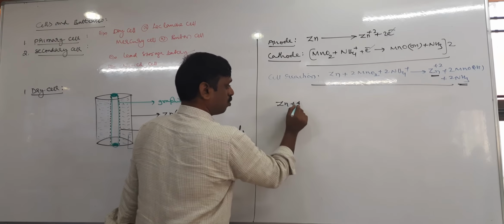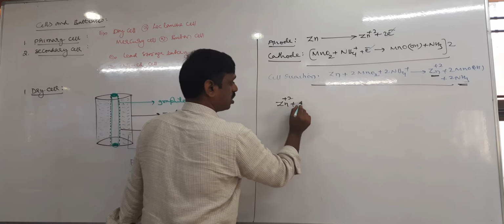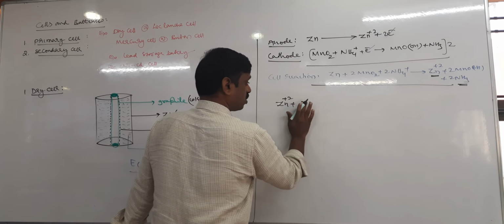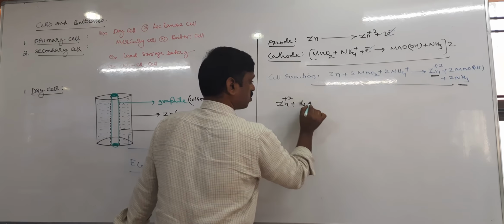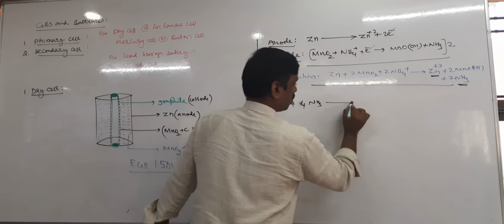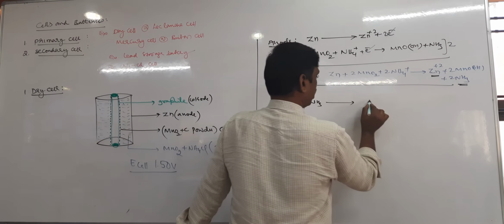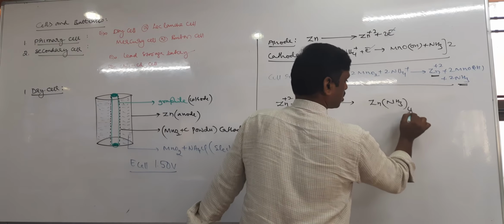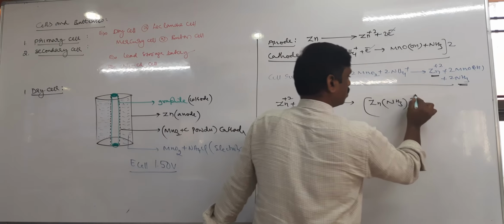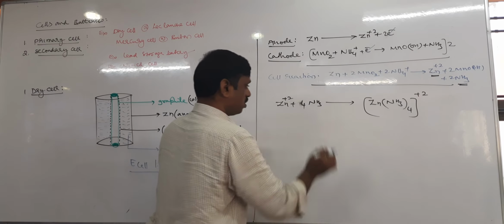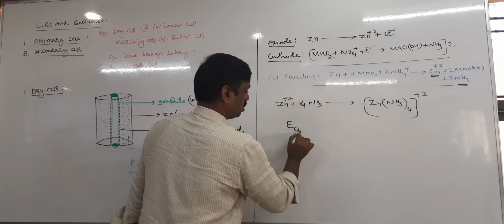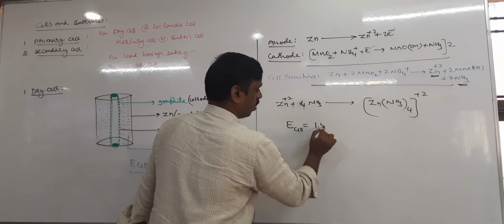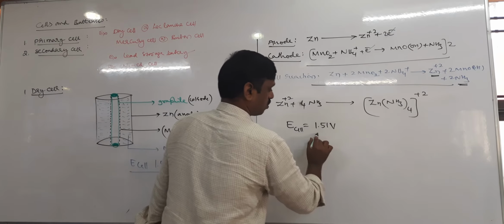We know that zinc 2 plus is more reactive towards ammonia, so it reacts with 4 ammonia and forms the complex zinc tetraammine, an ammonia complex compound, and this cell produces a cell potential equal to 1.51 volt.